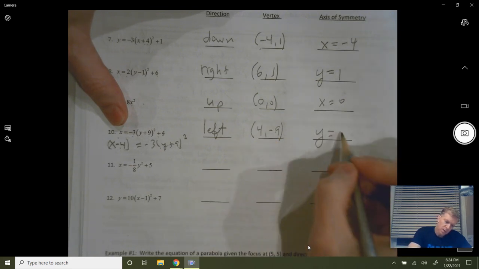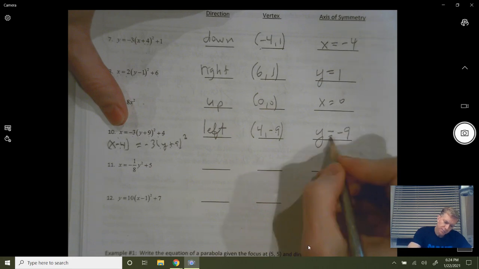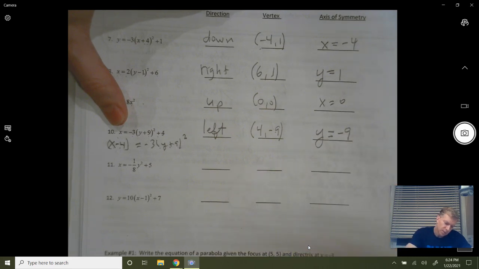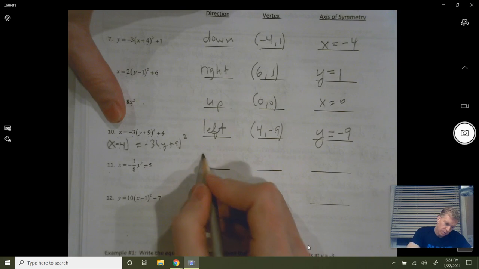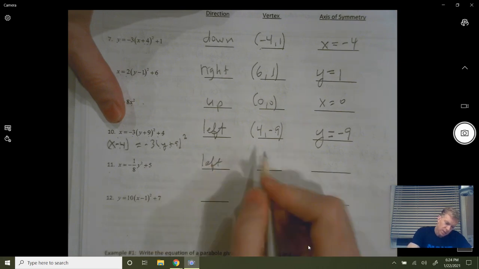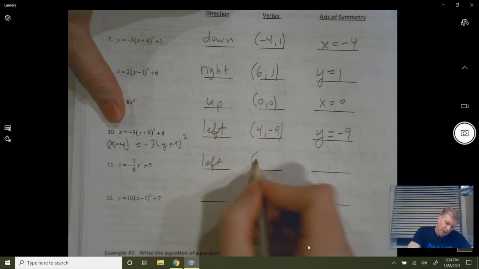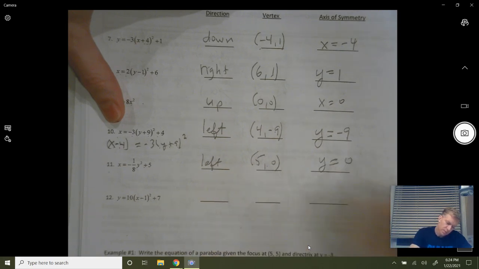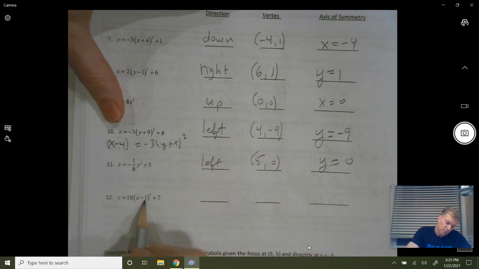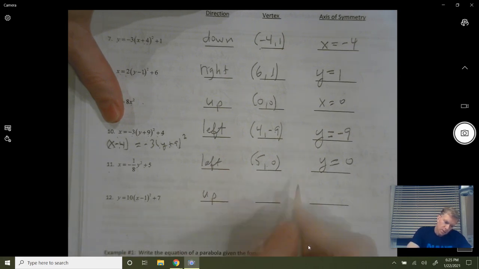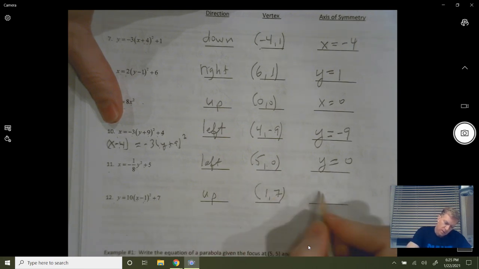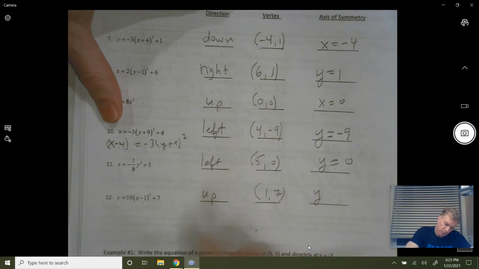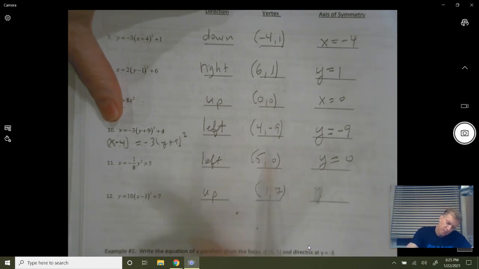So y equals negative 9. X equals negative y squared, so that's going to open left. Your vertex is 5 comma 0. Y equals 0. And y equals x squared opens up. The vertex is 1 comma 7. And then x equals 1.